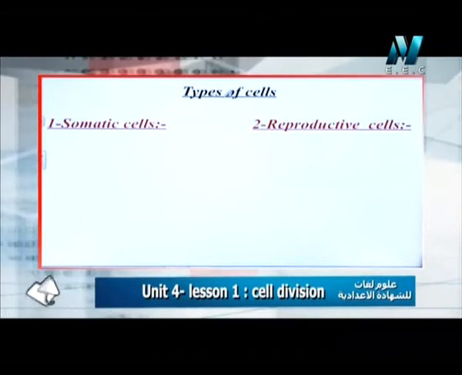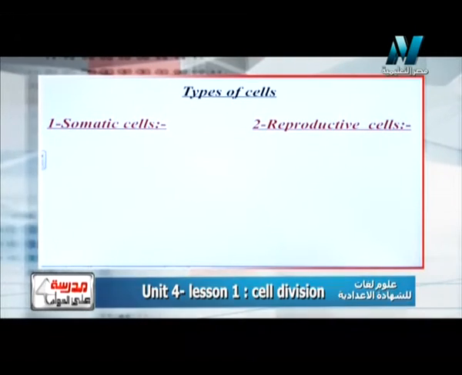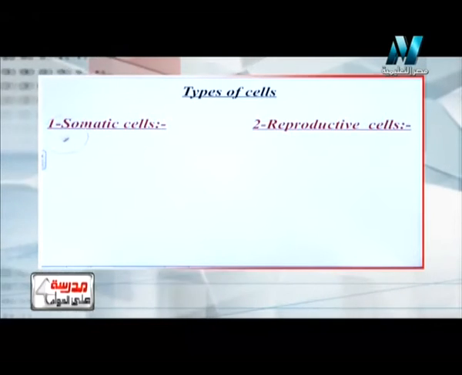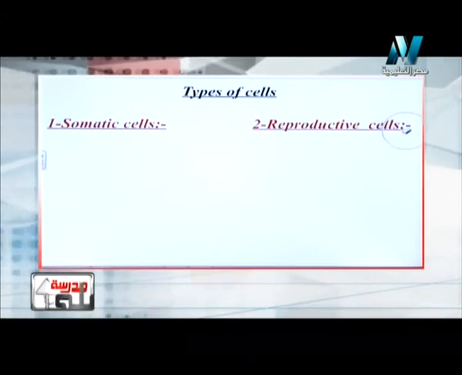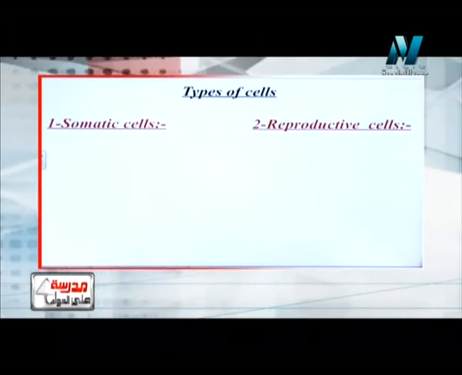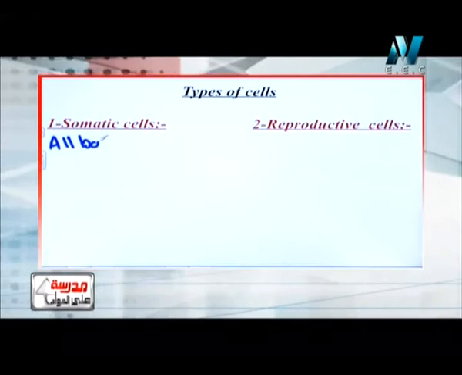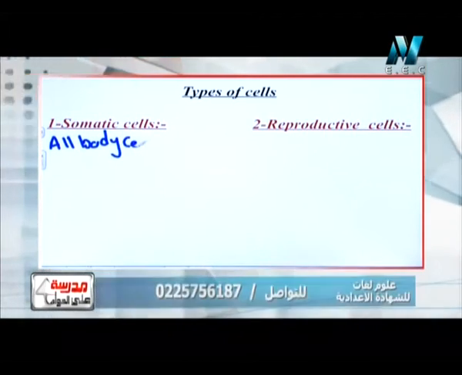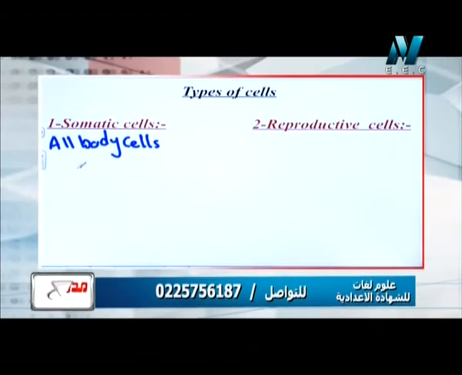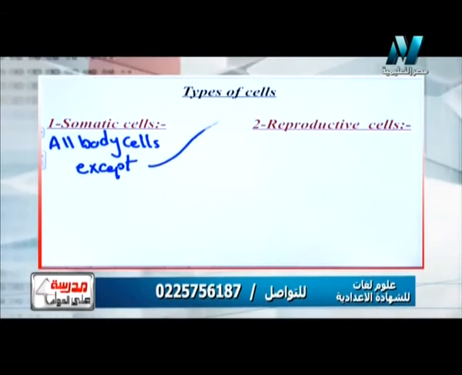Number one, somatic cells are all body cells except the reproductive cells.